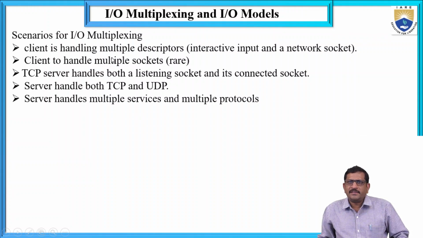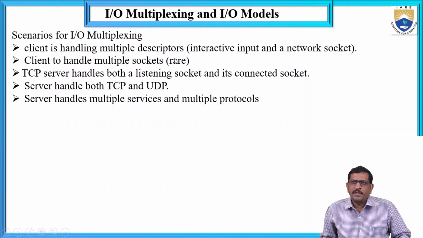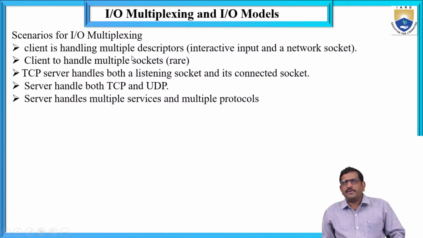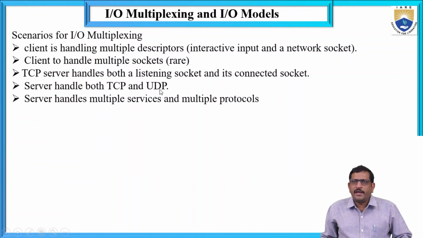The client is handling multiple descriptors, that means interactive input and a network socket. A client handling multiple sockets is rare. And a TCP server handles both a listening socket and its connected sockets.